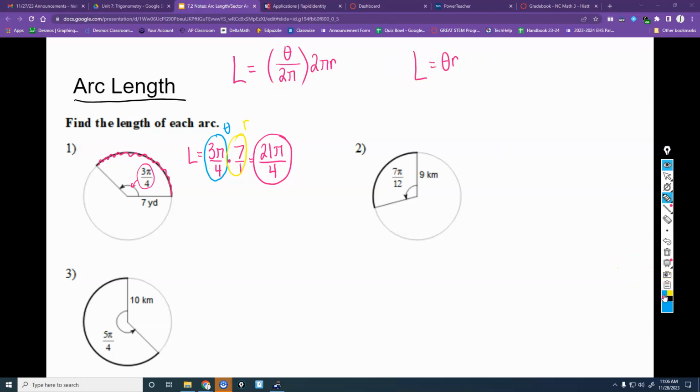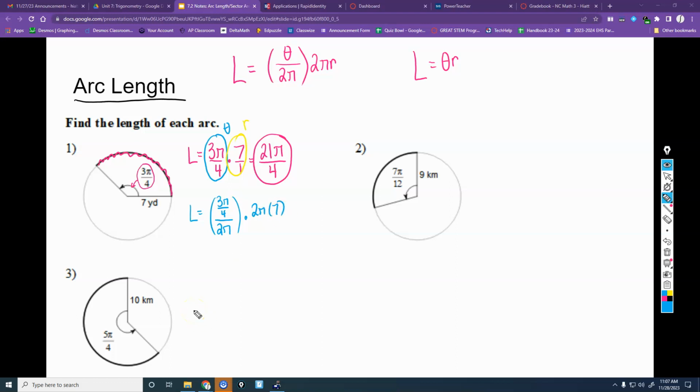I am going to show you how the other one gives you the same answer, but if it confuses you, don't let that mess you up. So if I did this with the long one, I'd have 3 pi over 4 over 2 pi. You can see why this is a little more confusing. Times 2 pi times 7.